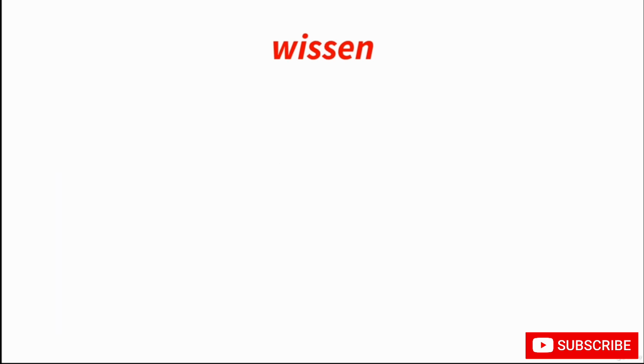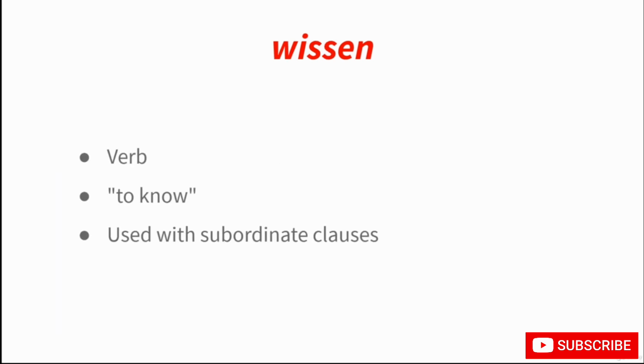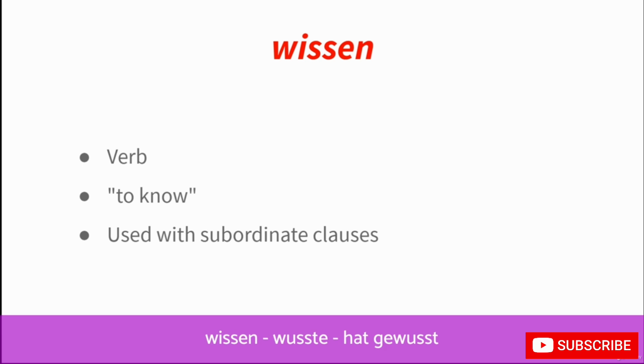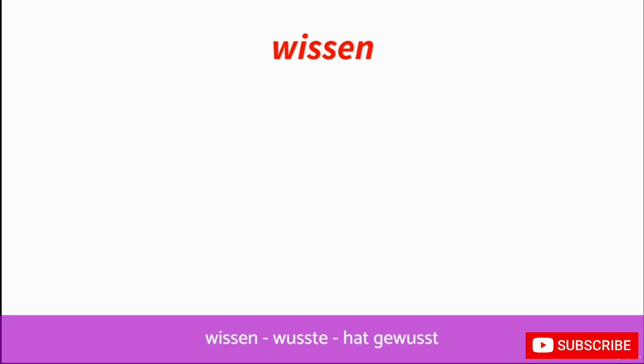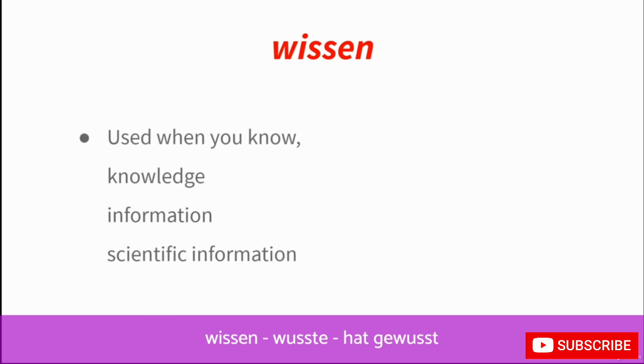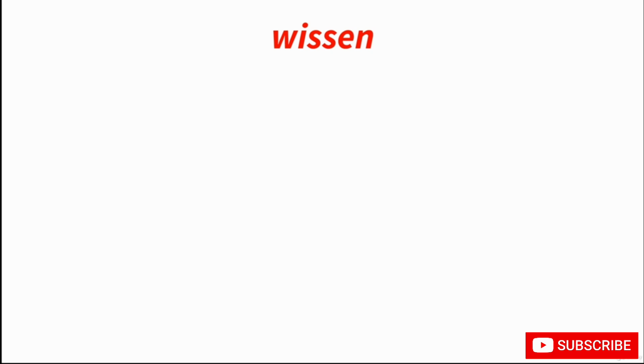Let's talk about wissen. Wissen is also a verb which also means to know in German, and it is generally used with subordinate clauses, for example, with das. But when we talk about knowledge, information, or scientific information, wissen must be used. At first, I would like to give you the common expressions that are used with wissen.